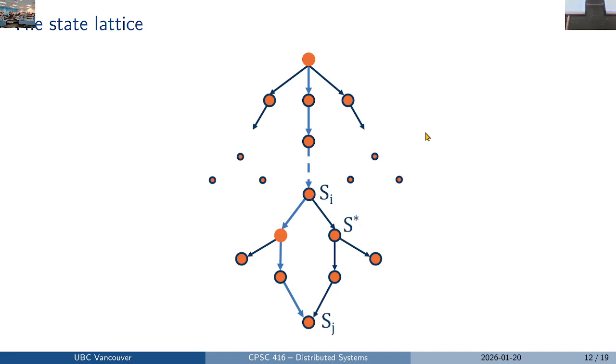A lattice is just one way of recognizing this. What's cool about this particular model of consistency is it says the system can be inconsistent if you snapshot it, but all nodes will eventually reach a consistent state. And hence the name eventually consistent.